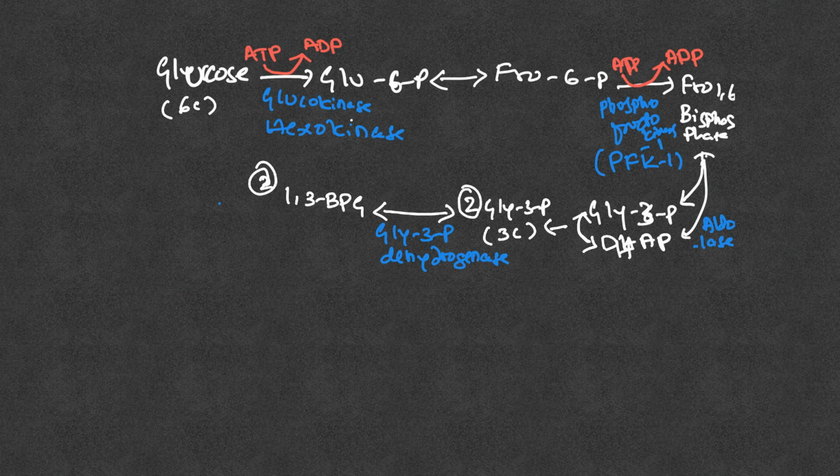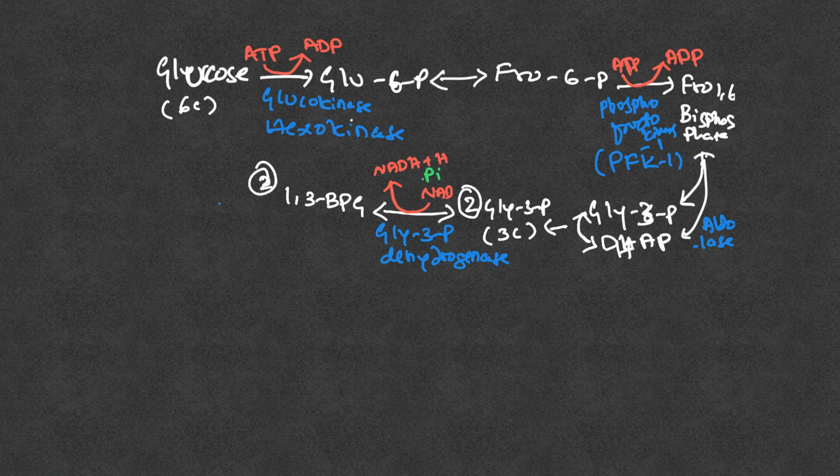So here what happens, glyceraldehyde 3-phosphate is oxidized into 1,3 bisphosphoglycerate. In this particular reaction, the oxidized molecule NAD will be reduced into NADH plus H plus. Also in this reaction, there will be incorporation of an inorganic phosphate molecule.